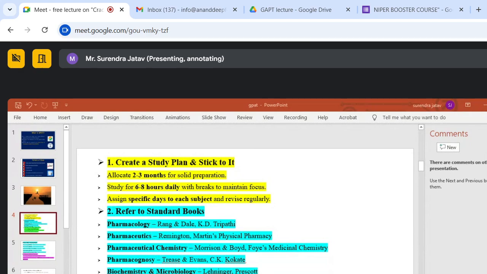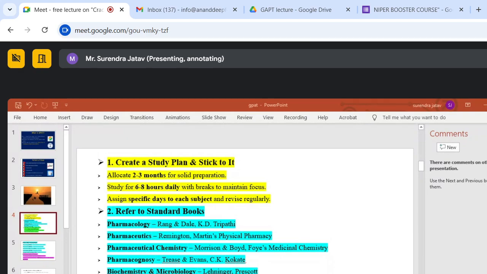And if you cannot attend the questions, then definitely there is a shortage of answered questions, and you will be disqualified. So enhance your speed, then only you can qualify the GPAT. Then analyze your mistakes and work on them.